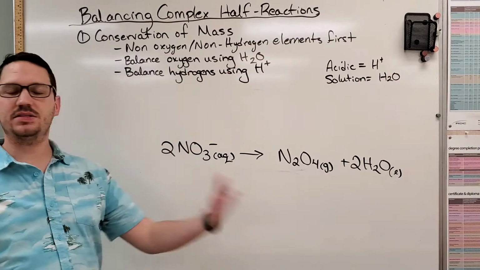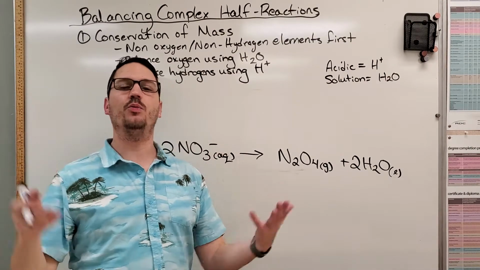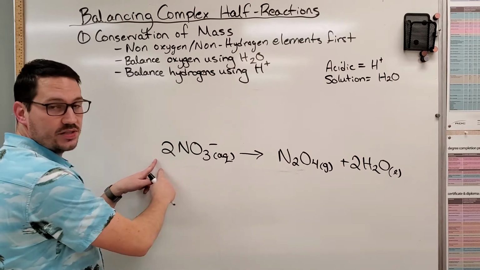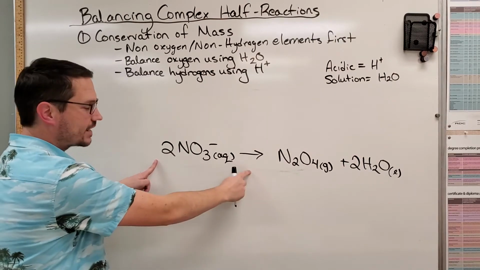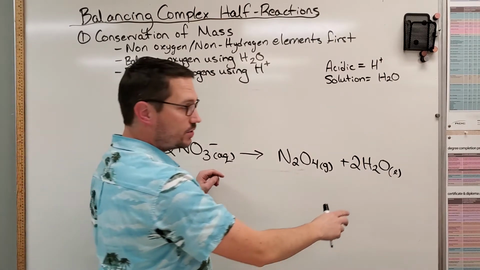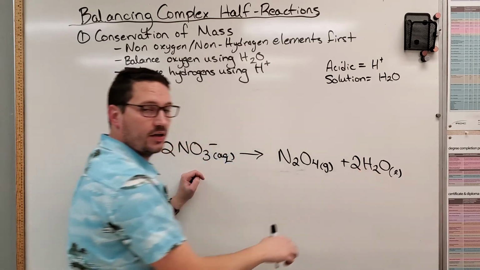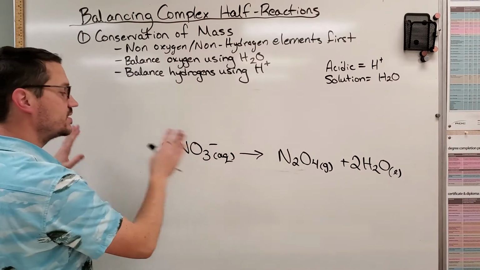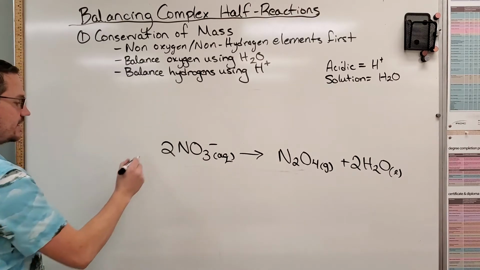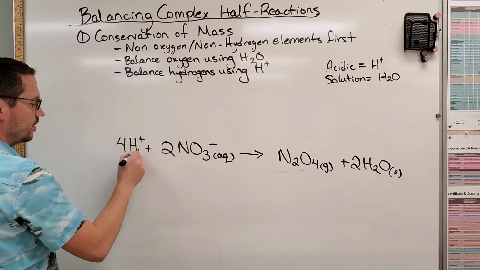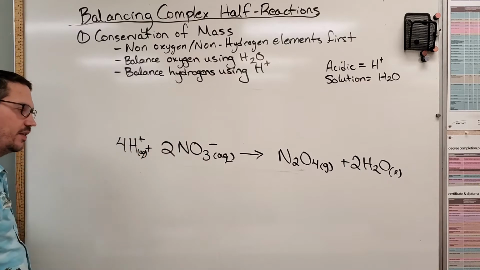And remember, these can go on either side depending on where we need them. I don't see any hydrogens on the reactant side, but I do see 4 hydrogens on the product side. So if I have 4 hydrogens on one side and none on the other, I need to add 4 hydrogens on the left-hand side.